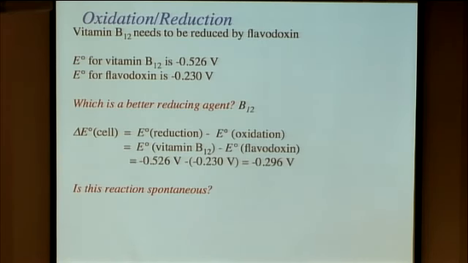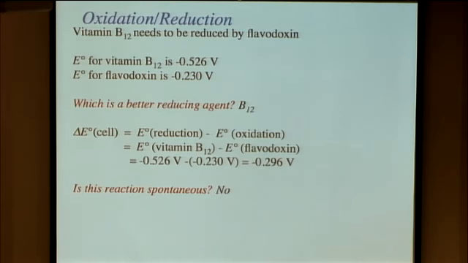So we can look at how unfavorable this process is, and we can calculate the standard potential for this. We can use this equation where we have reduction minus oxidation and plug the values in. So we have minus 0.526 minus a minus of the flavodoxin potential, and that gives us a negative value for delta E. So is this reaction spontaneous?